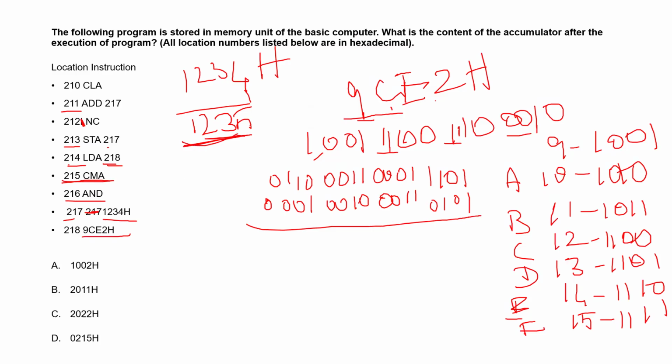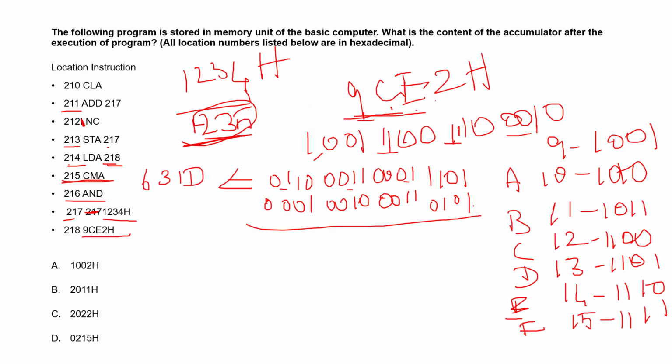This value is 1235H, and the other value we converted from 9CE2H to its one's complement. If you want to write it in numbers, that is 6, 3, 1, and 1101 is D. So 631D is what we got as the answer after the one's complement.